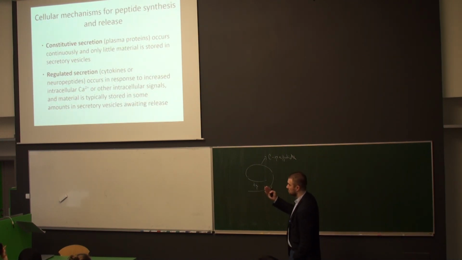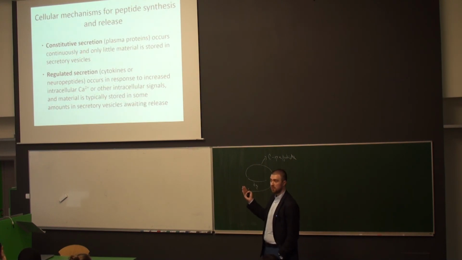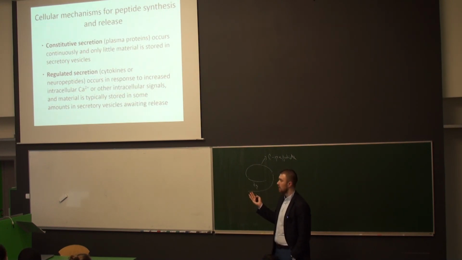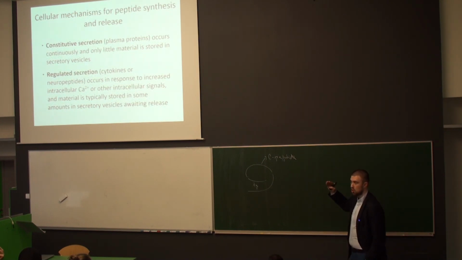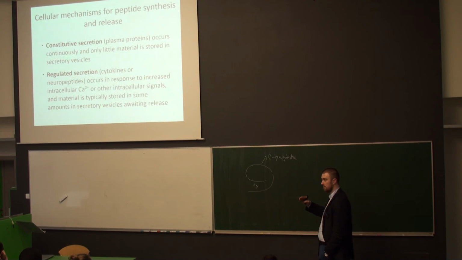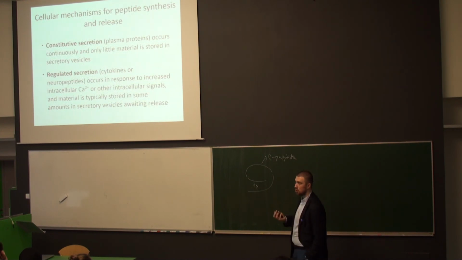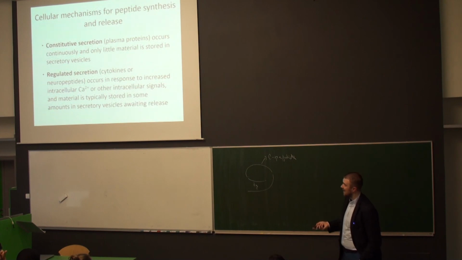And this signal can be, for example, for insulin, the increase of the blood glucose level. So if you have increase of blood glucose level, pancreatic beta cells will do the exocytosis of the secretory vesicles with insulin, and at one moment you will release quite big quantities. Or you can say in short time, you will release a lot of signaling molecules.